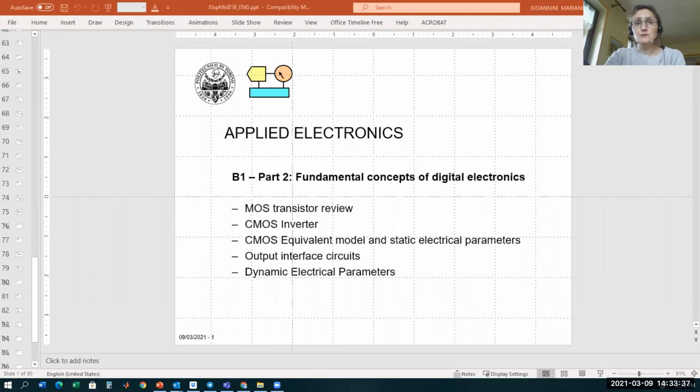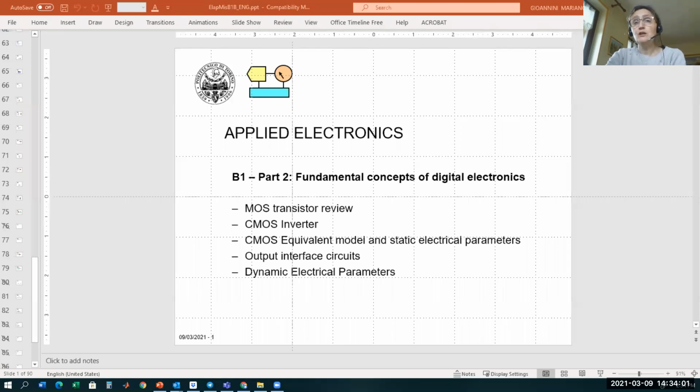The aim of today's lesson is concluding the part concerning the fundamentals of digital circuits. And then we will move also, if we have time, to the study of the first simple block for realizing sequential circuits.